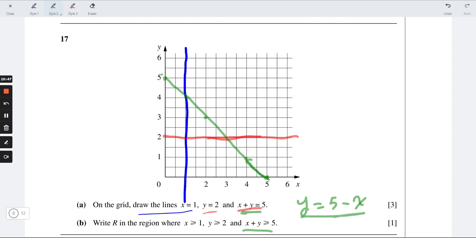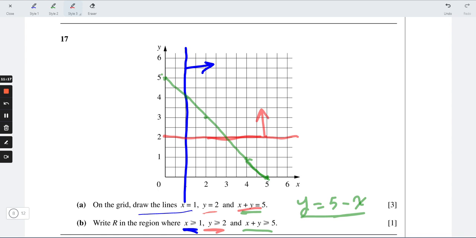Now shade the region where x is greater than or equal to 1. Greater means going right or going up. For the blue line, that means going right. For the second line in red, we have y greater than or equal to 2, which means the red line goes up.